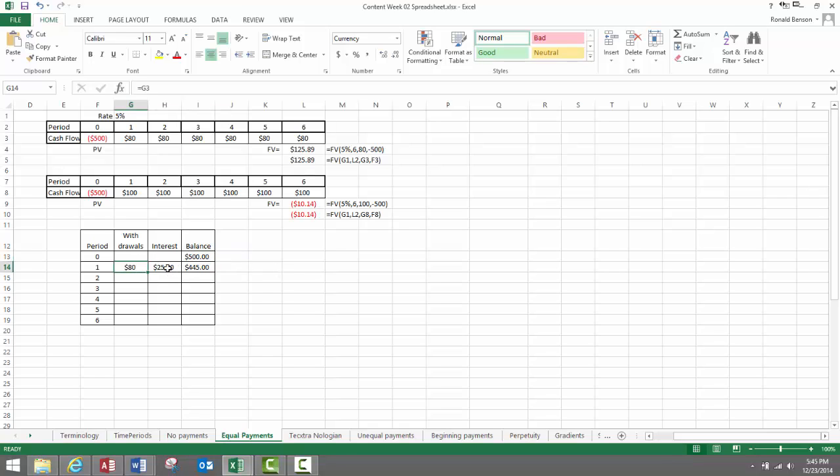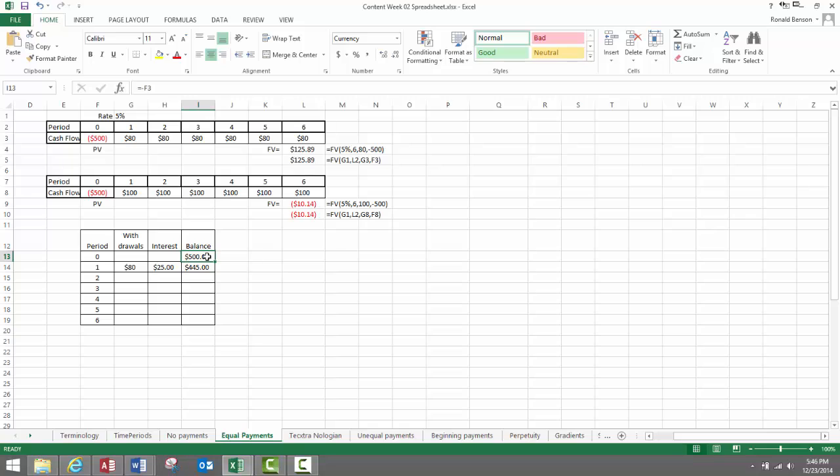$80 withdrawal. We earn $25 of interest, so 500 minus the 80 is 420. But then we earn $25 interest, which increases that to $445. This G3 came from up here. $25 interest is that rate G1 times the balance at the end of the previous period, which is F3.